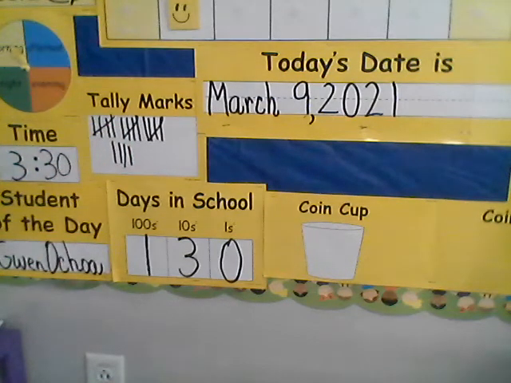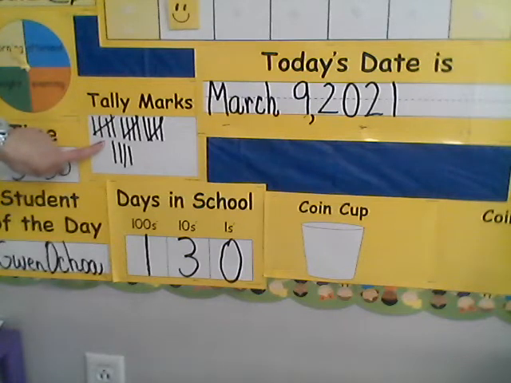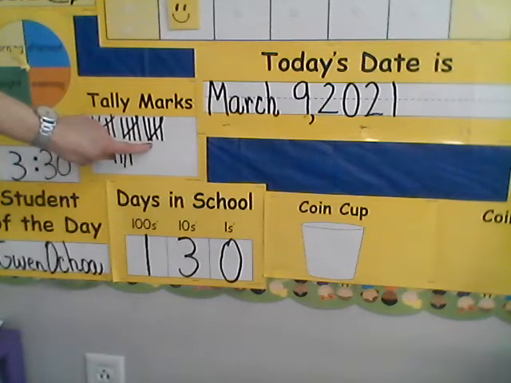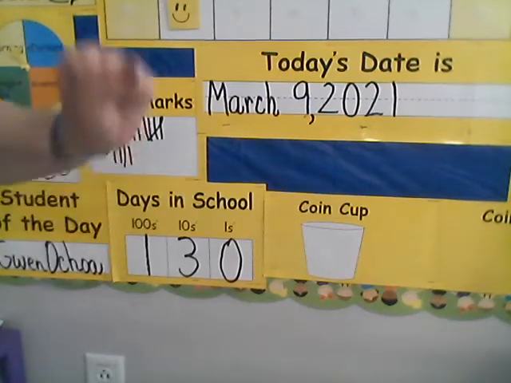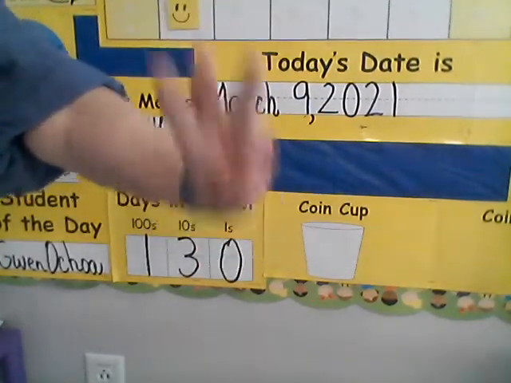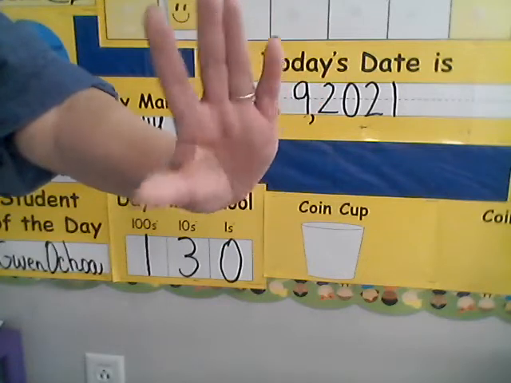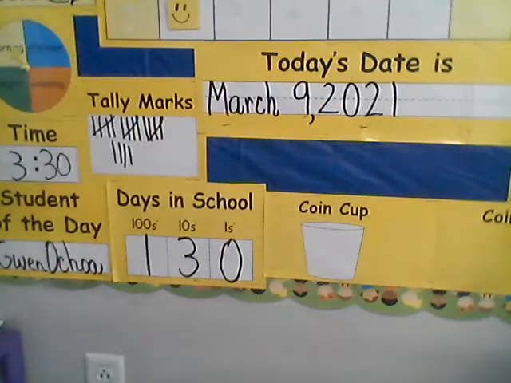Woohoo. So now let's go ahead and count. And remember, when we see these bundles of 5s, that means we have to count them by 5s. 1, 2, 3, 4. Tally up 5. So let's go ahead and count by 5s. 5, 10, 15, 16, 17, 18, 19. 19 tally marks.